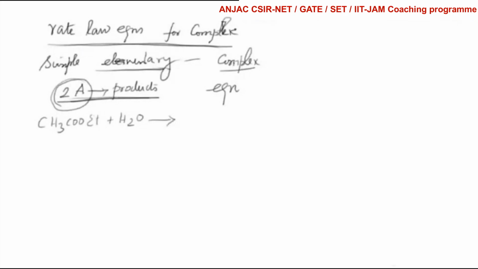And here, one molecule of acetate and one molecule of water is undergoing reaction. Therefore, the molecularity of the reaction is 2. If it is an elementary reaction, we can expect the order also. The order with respect to ester is 1. Order with respect to water is 1. Therefore, we are expecting order 2, and the molecularity and the order are the same for an elementary reaction.